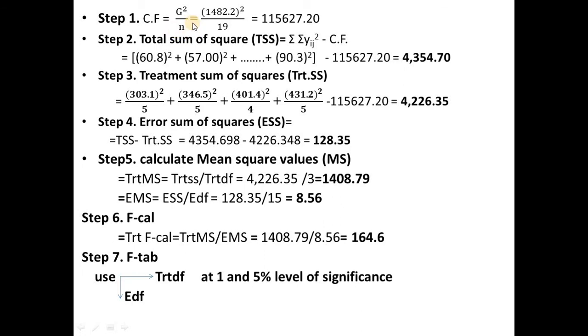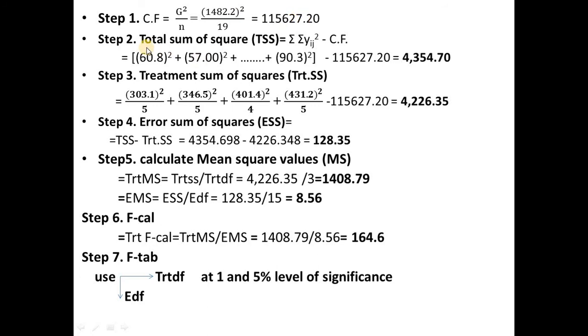Because we have 4 treatments and 5 replications, we would have 20 observations, but one rat is missing. Due to this, our total number of observations is 19. So after squaring the grand total, we divide by 19, and then we have the value of the correction factor.